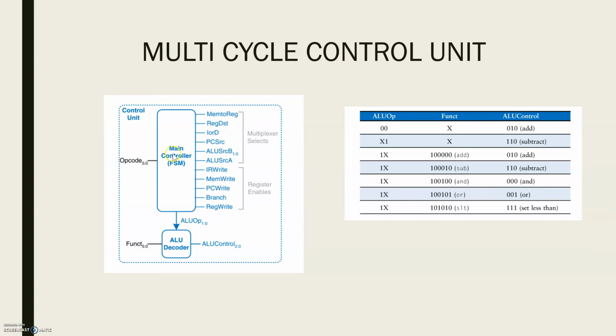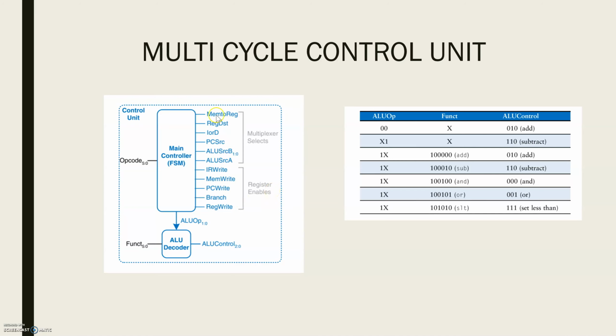Now, however, the main controller is a finite state machine that applies the proper control signals on the proper cycles or steps. The sequence of control signals depends on the instruction being executed. The main controller produces multiplexer select and register enable signals for the data path.